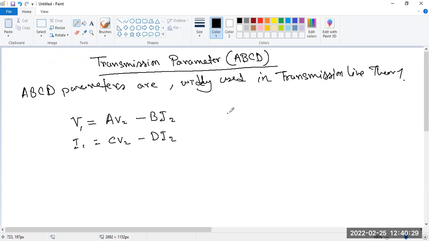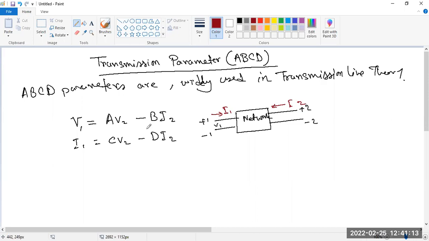We can write down, this is the network. So this is the V1, you all know, this is +1, this is -1, this is +2, this is -2, and here I1 is entering and I2 is entering.